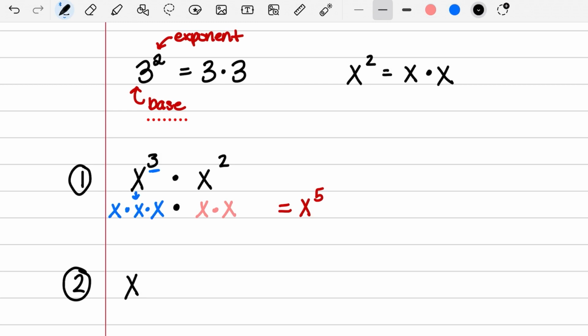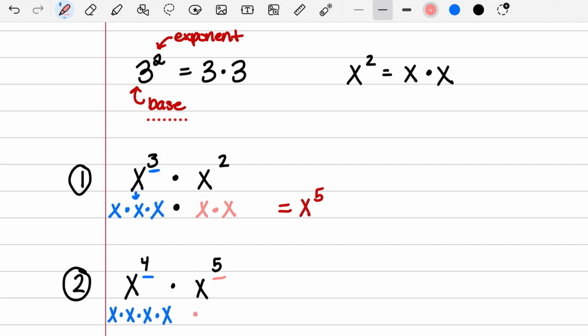Let's try x to the power of 4 times x to the power of 5. Again, I'm going to go ahead and expand the first one. X to the power of 4, x is being multiplied by itself 4 times. X times x times x times x. With 5, the one right next to it, x is being multiplied by itself 5 times.